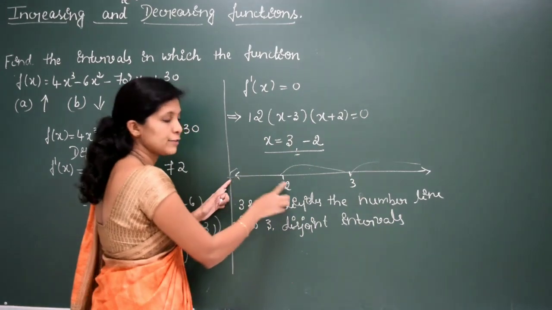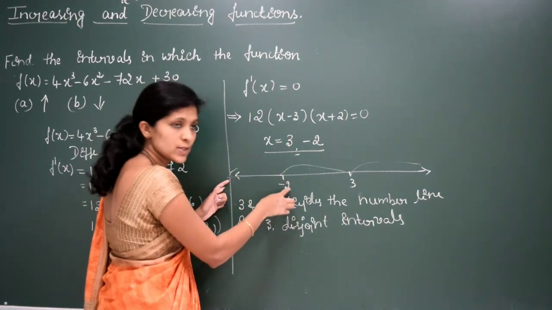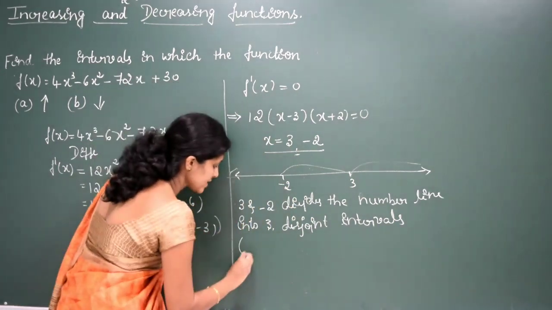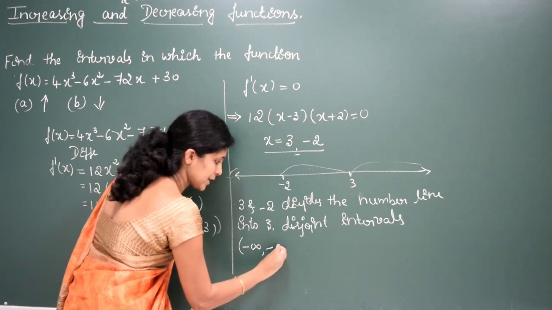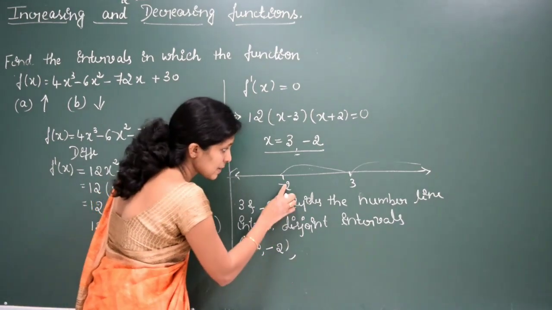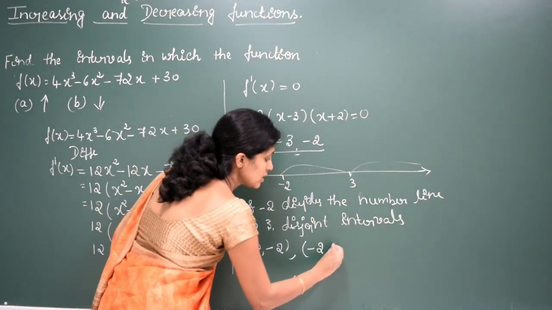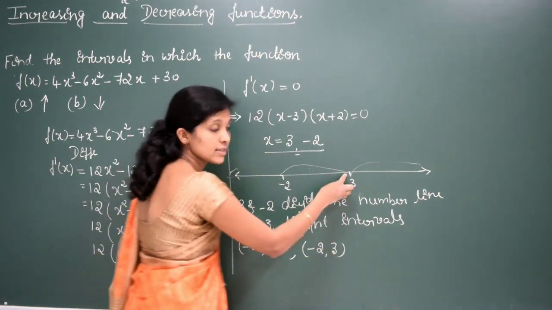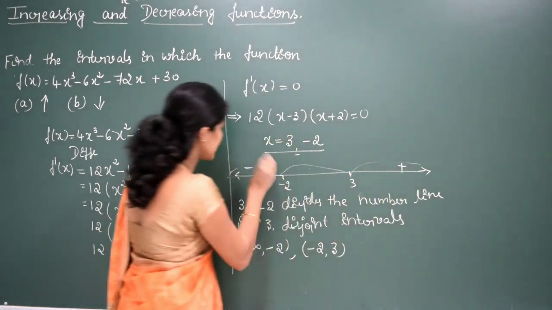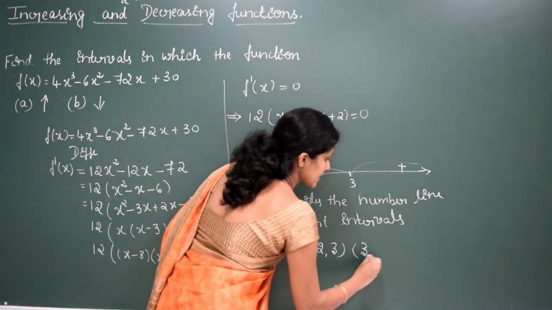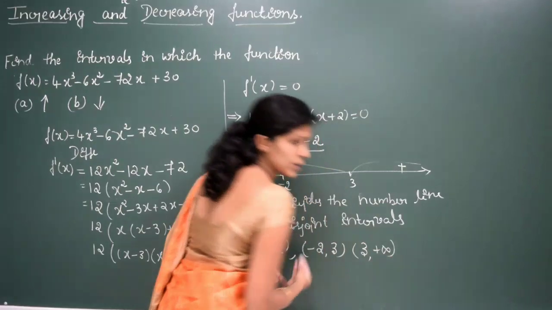It is minus infinity to minus 2. If you substitute minus 2, it will be equal to 0. So one is minus infinity to minus 2, right? Another one is minus 2 to 3. Is it clear? Minus 2 to 3. And another one is 3 to plus infinity. I hope you understood this one.